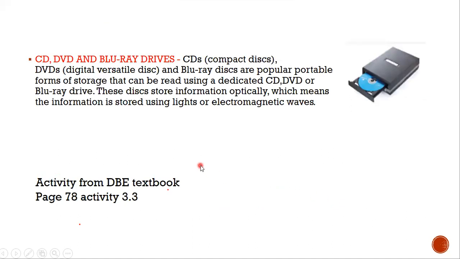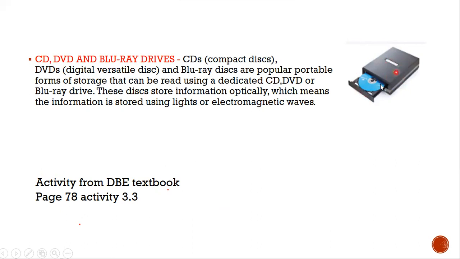Your CD, DVD, and Blu-ray drives. Your CDs, that means compact disc. Your DVDs are your digital versatile disc, and you have Blu-ray discs. They are popular portable forms of storage that can be read using a dedicated CD, DVD, or Blu-ray drive.